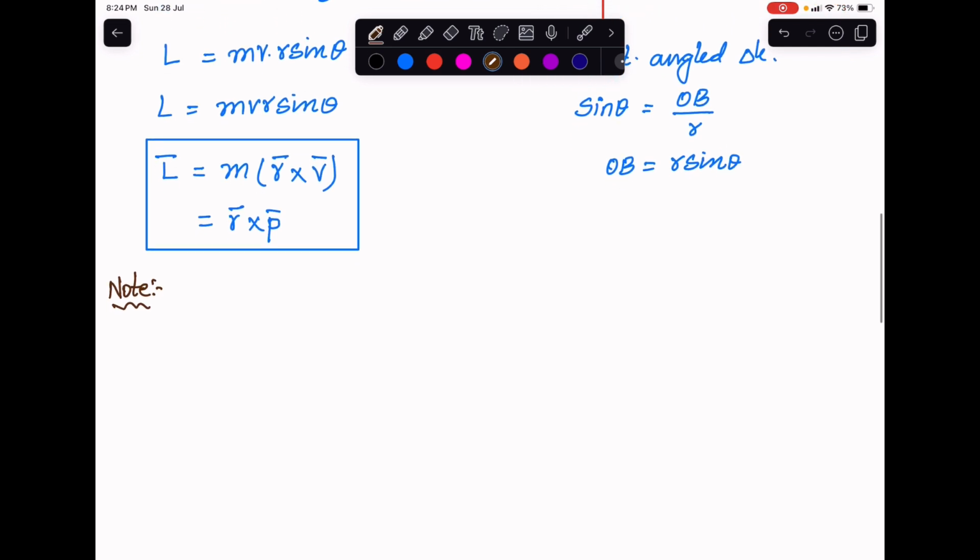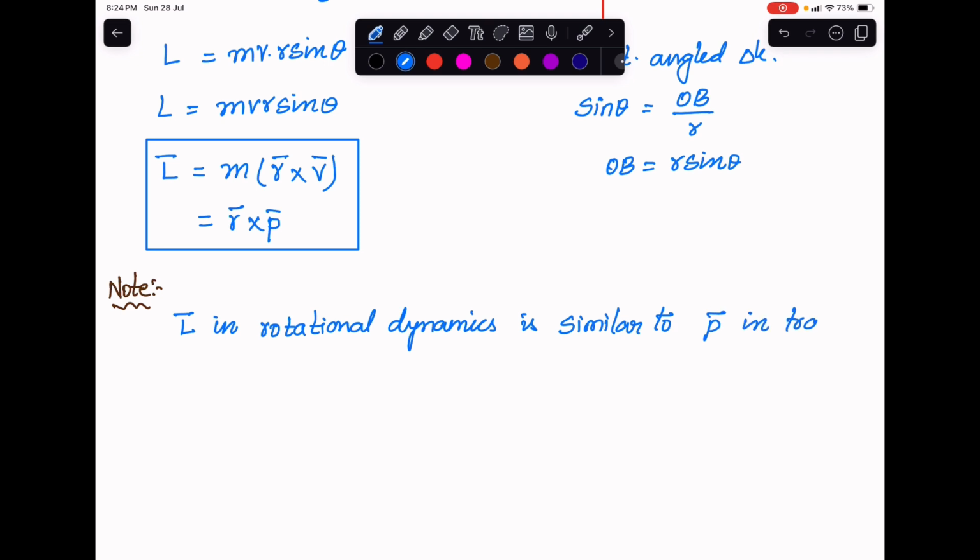So here I am writing L bar, angular momentum in rotational dynamics, which is analogous to linear momentum in translatory motion. That's it. So in linear or translatory motion, whatever role linear momentum takes, the same role angular momentum takes in rotational dynamics.